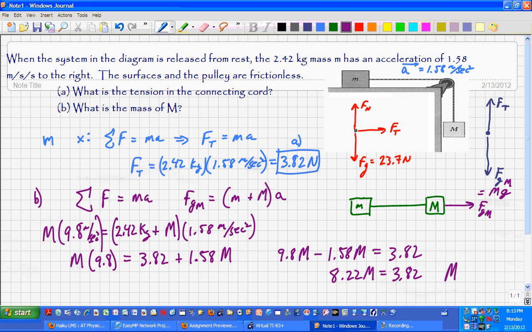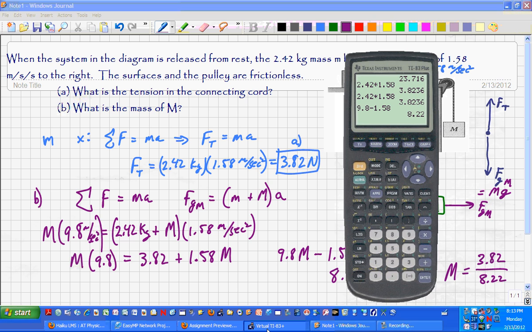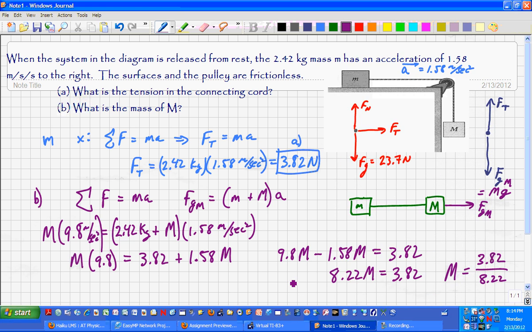That means big M has got to be equal to 3.82 divided by 8.22, which is 0.465. So M is equal to 0.465.